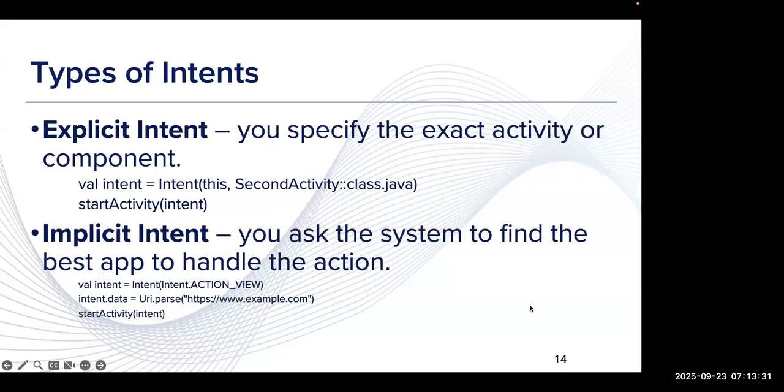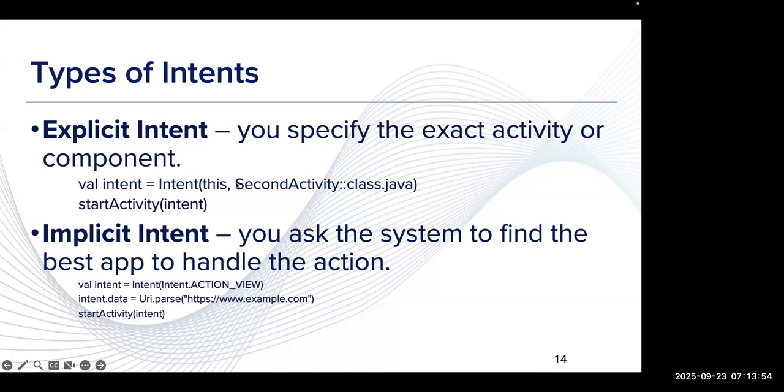There are different types of intents. There is the explicit intent, where you specify the exact activity or component. So we can use something like a value intent equals new Intent, and then in this case this activity, and then where to go.